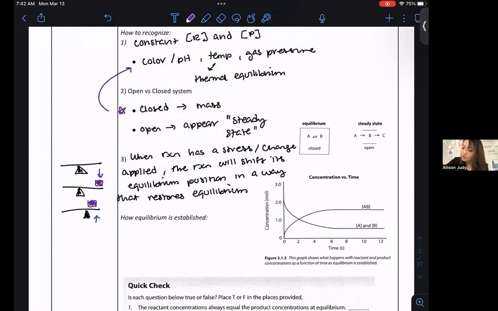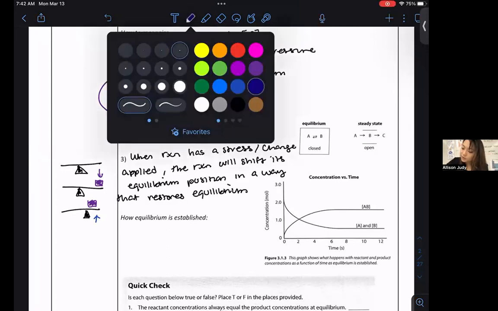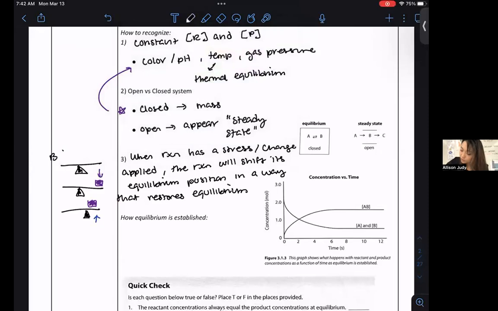So let me quickly label this as before, during, after. Before, we're at equilibrium. During, we have a stress actively occurring. And after, we see a response that establishes a new equilibrium.